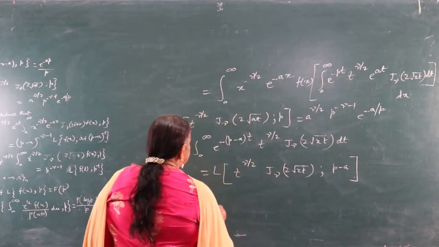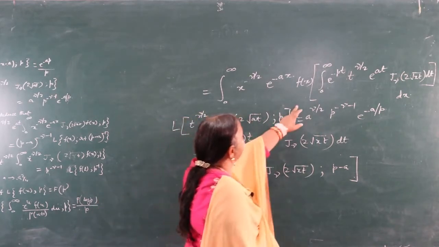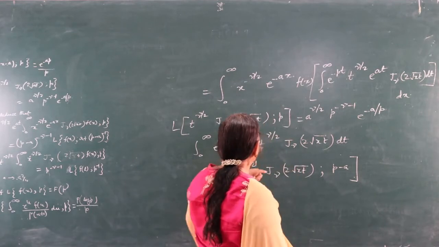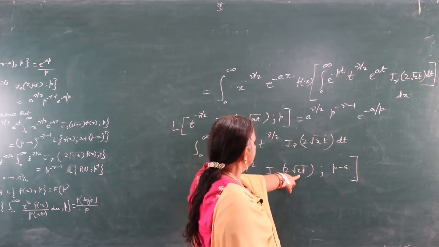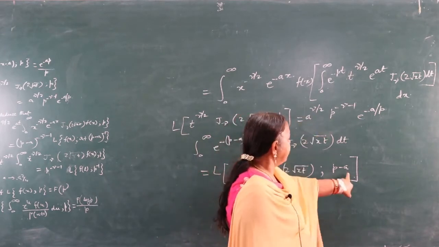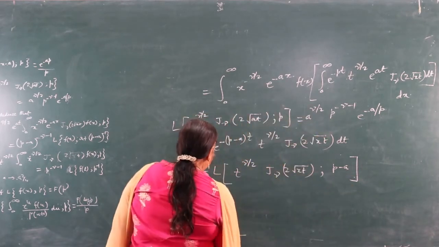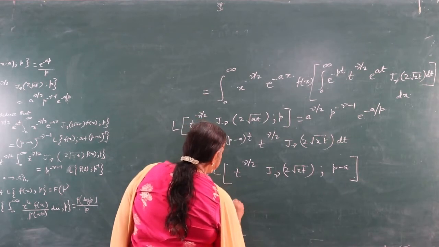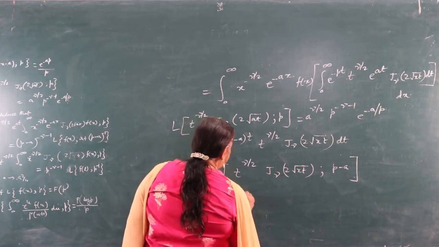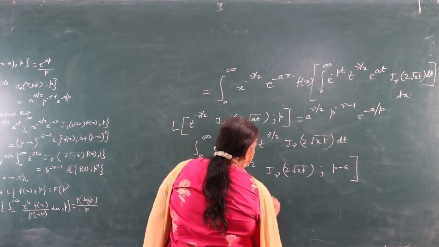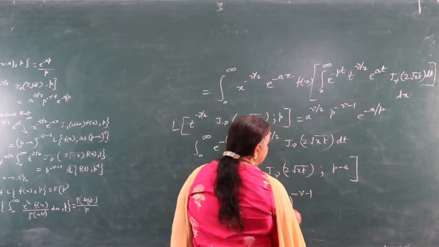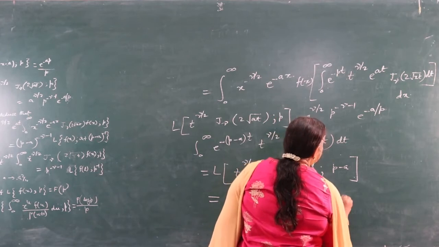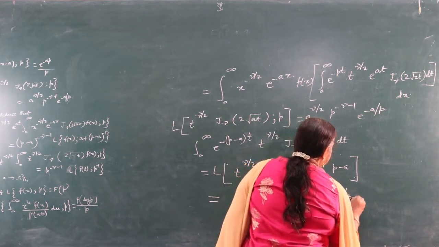So here if we compare these two results, we see that if we replace a by x and p by p minus a, this is equal to x raised to power nu by 2, p minus a raised to power minus nu minus 1, e raised to power minus x upon p minus a.